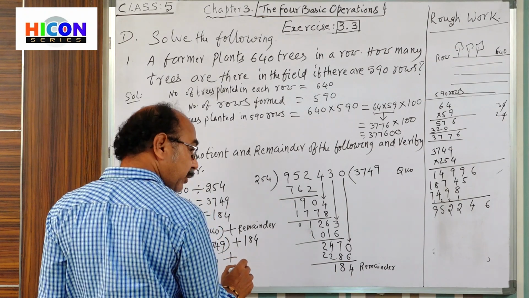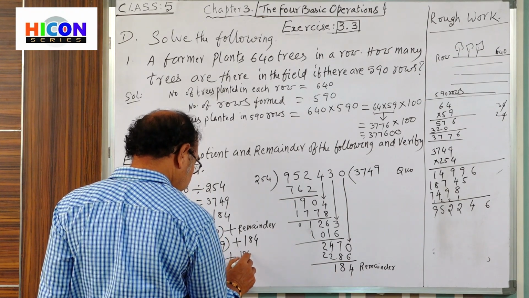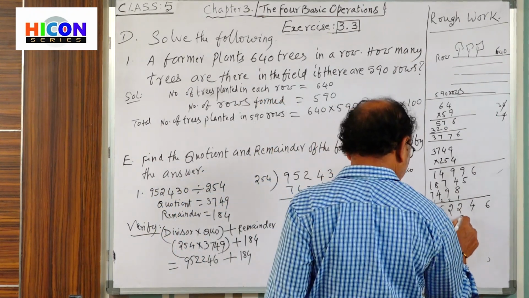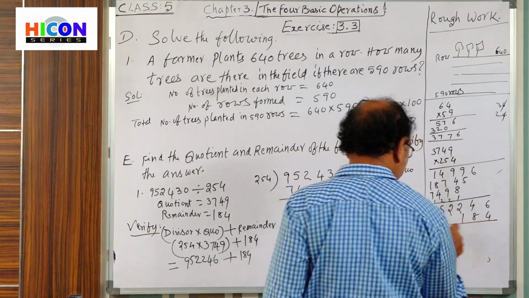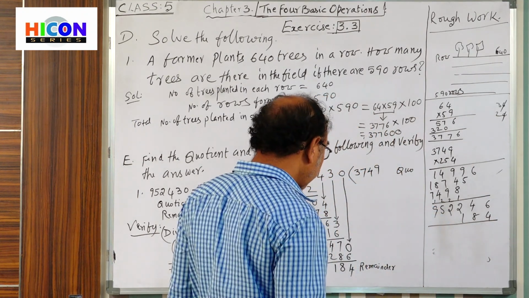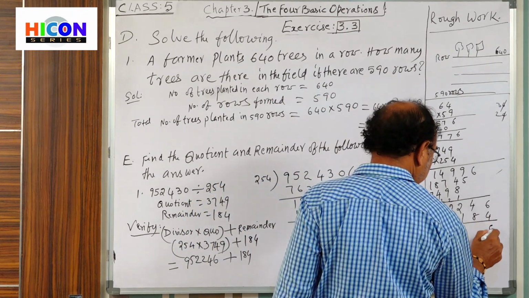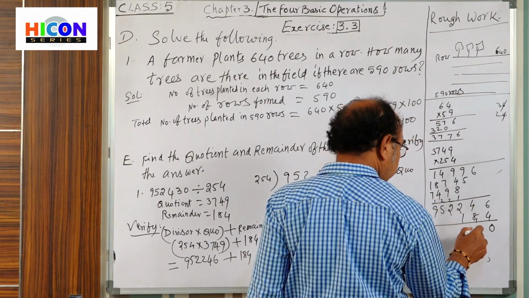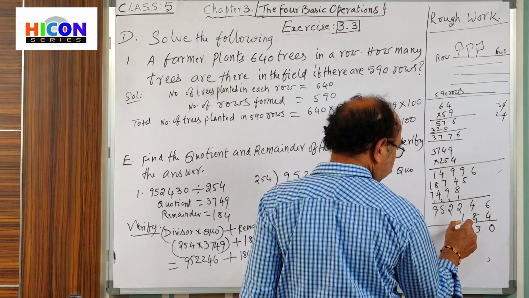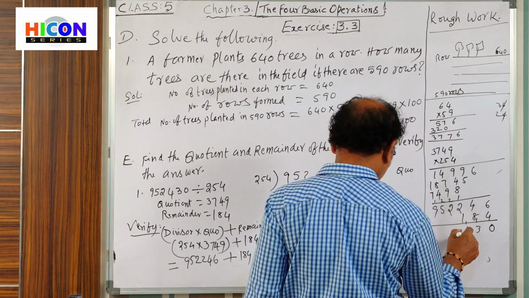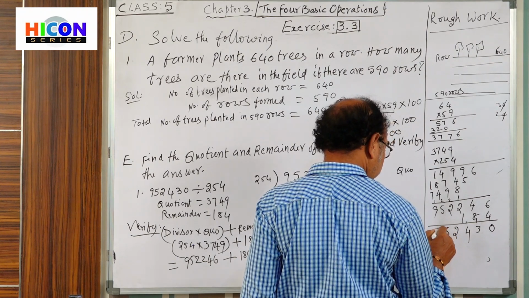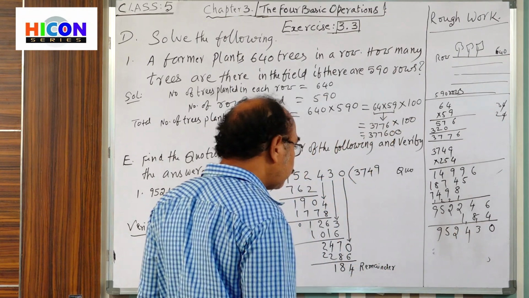To this what do we have to add? The remainder, 184. Add 184: 952246 plus 184. Okay, 6 plus 4, 10. 0, 1 carried. 8 plus 4, 12 plus 1, 13. 3, 1 carried. 2 plus 1, 3 plus 1, 4. Here 2, here 5, here 9. 952430.